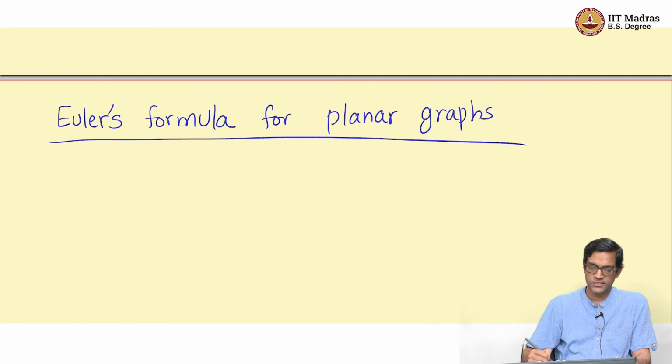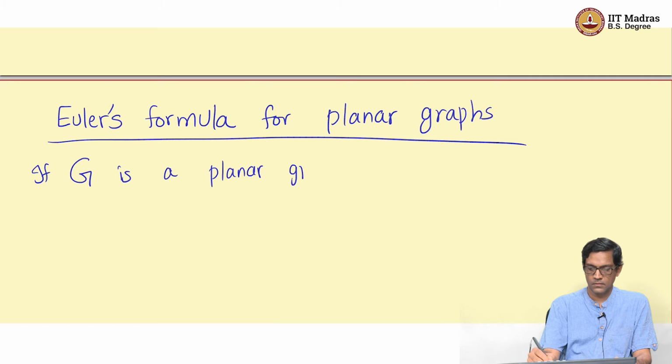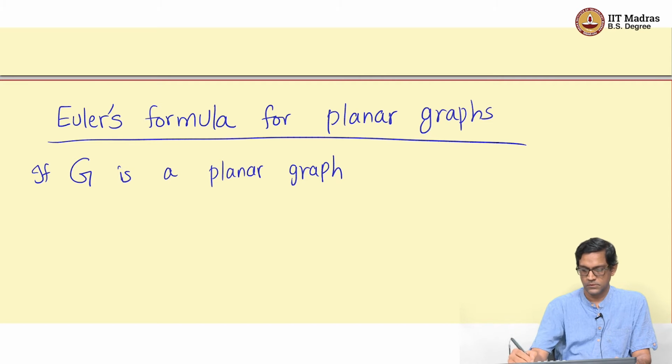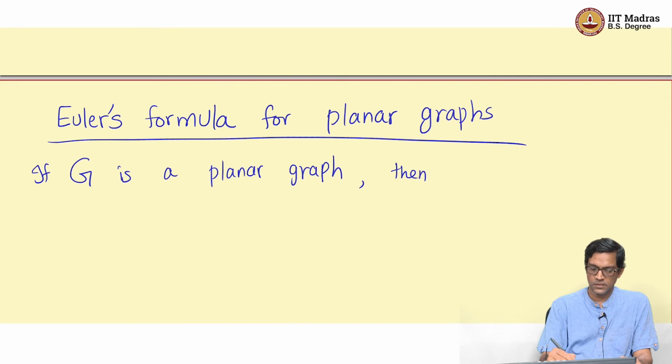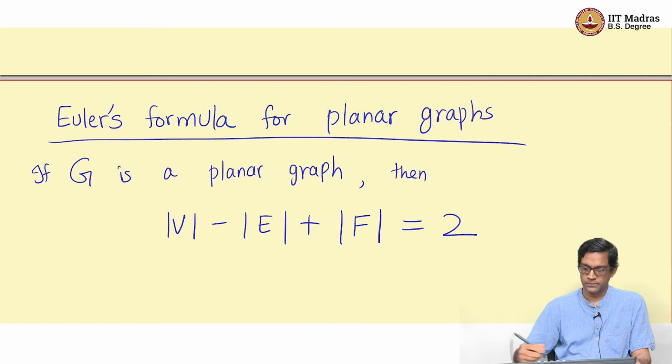What Euler's formula says is that if G is a planar graph, and you have a certain way of drawing it on the plane, so imagine you have drawn it, then the number of vertices of G minus the number of edges of G plus the number of regions or faces of G is always 2.